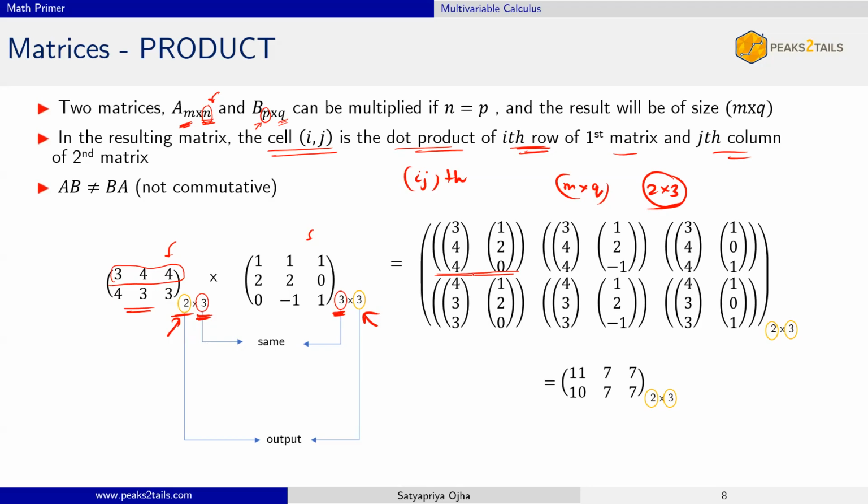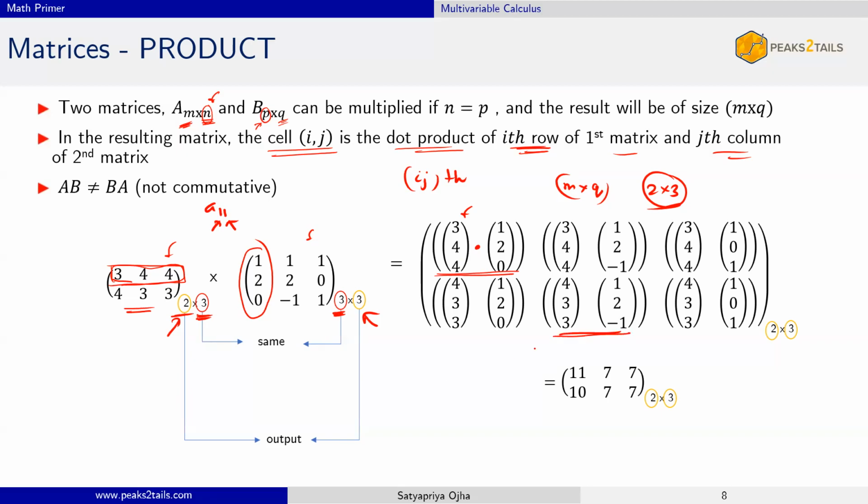If i equal to 1, j equal to 1, I need to take, remember, the ith row from the first matrix, which is the first row of the first matrix, and first column of the second matrix, because it is A11, right? First row from the first matrix, first column from the second matrix. Take these two, do a dot product. That is exactly what I've written here. 344 dot 120.